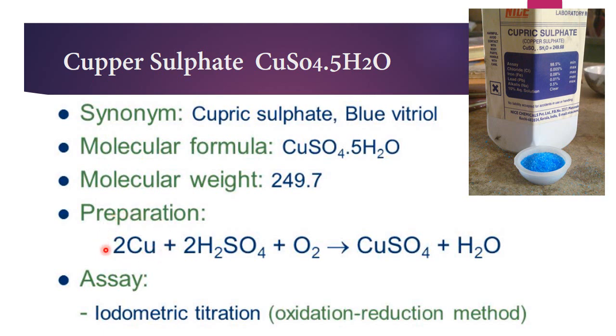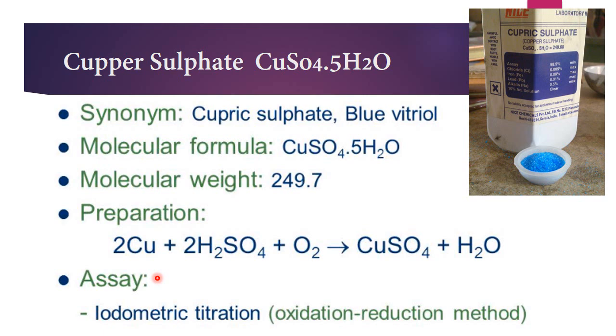Copper sulphate is prepared by dissolving copper metal in hot sulfuric acid in the presence of oxygen or air, to form copper sulphate as a salt plus H2O.